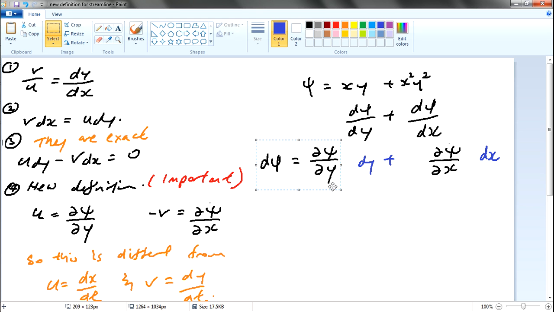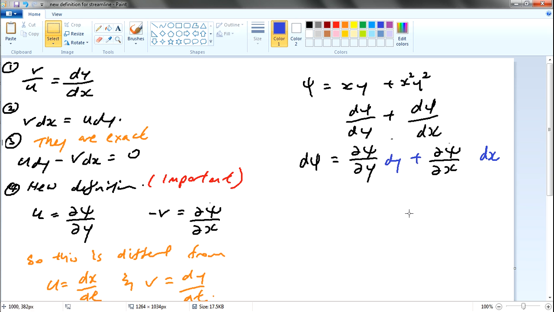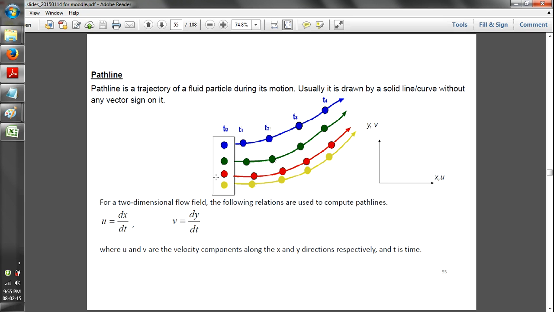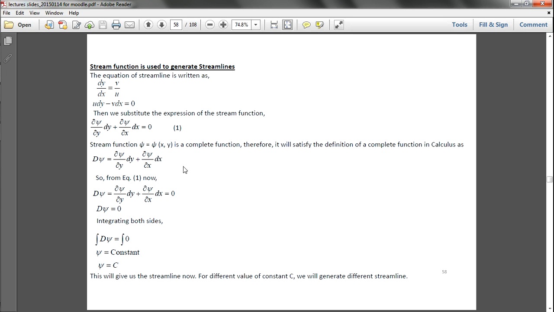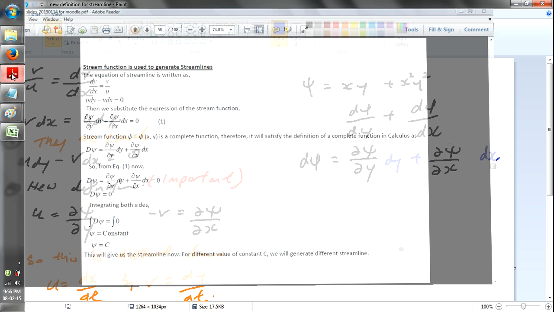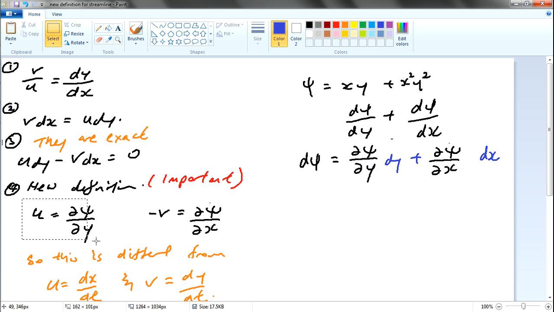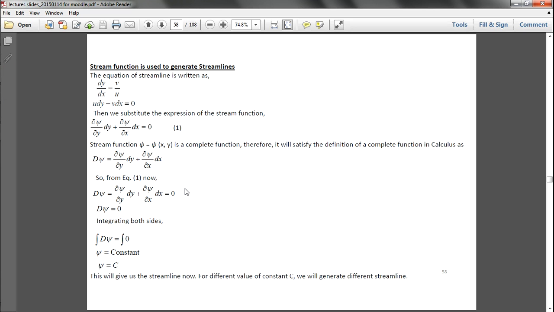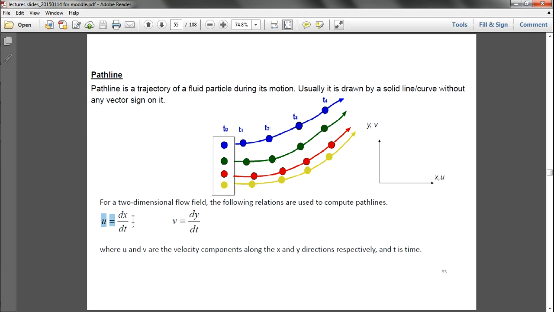From later, you will actually see that we will be using this formula. This is also from your text itself. We actually derive, and you can see also that we set u equal to partial xi divided by partial y. As you can see, the definition of u and v has changed from what we have known for the path line.